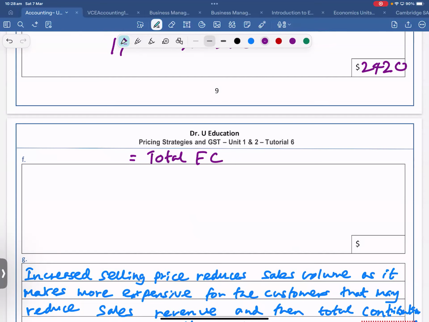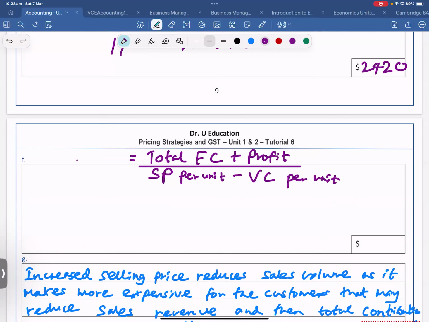No, before that, you plus your profit, and then you do selling price, which is X, minus the variable cost. So this one is basically selling price per unit minus variable cost per unit. Then equals to what?